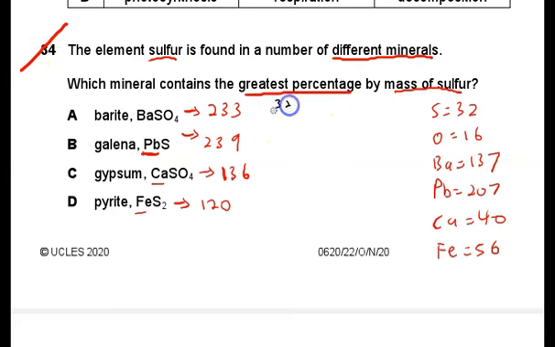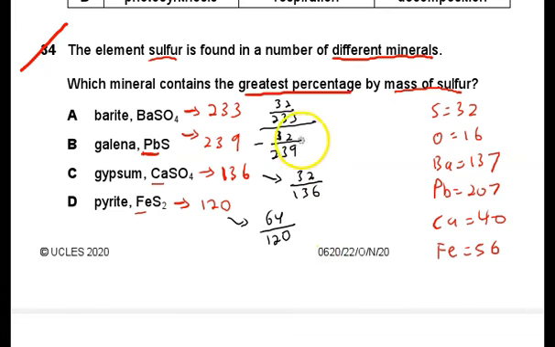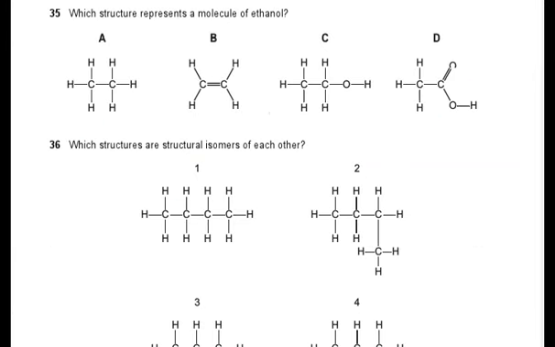So here will be 32 divided by 233, 32 divided by 239, 32 divided by 136, and about 64 divided by 120. So the highest percentage here I can guess is this. Okay, D as your answer. Okay, this is for number 34.